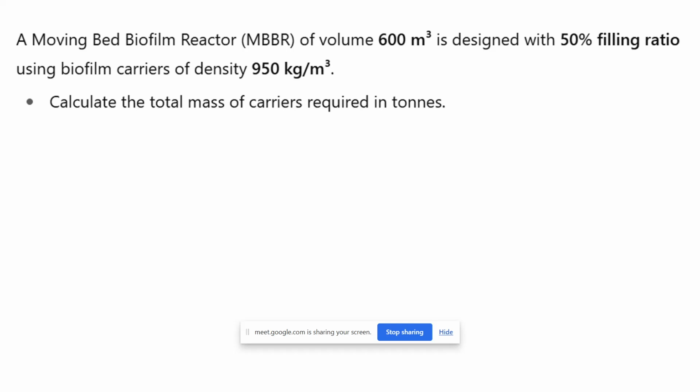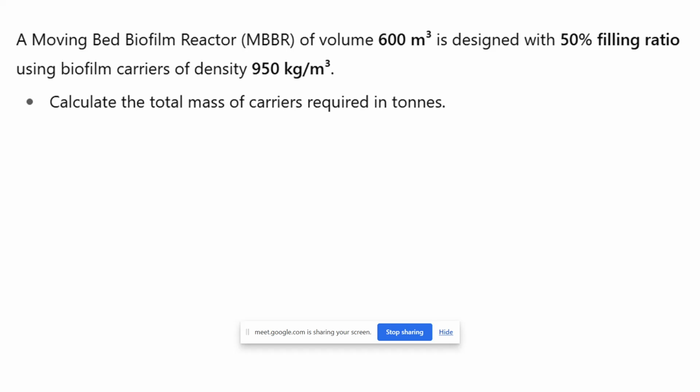It is 50% filled with carrier, and the density of the carrier is equal to 950 kg per meter cube.